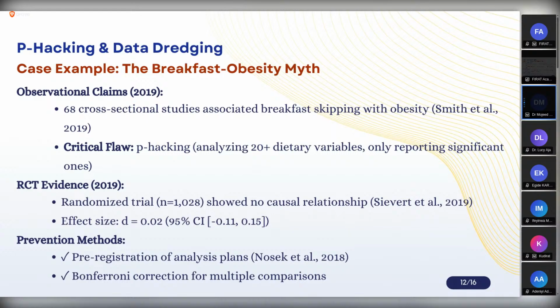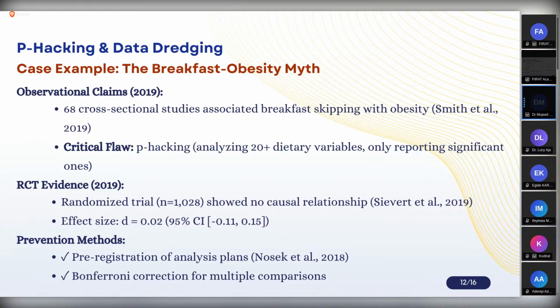Some students here are fond of tampering with the results or the analysis. They are not comfortable with null hypothesis. They don't want non-statistically significant association. So they would either manipulate the data until they achieve statistically significant association, or they would manipulate the analysis. So that's what P-hacking means.